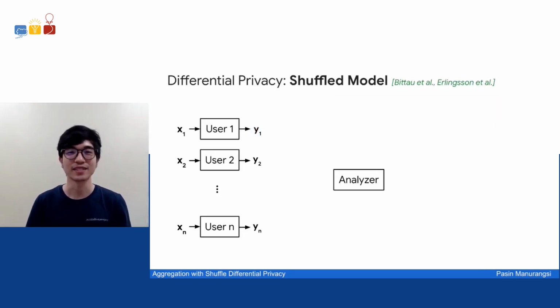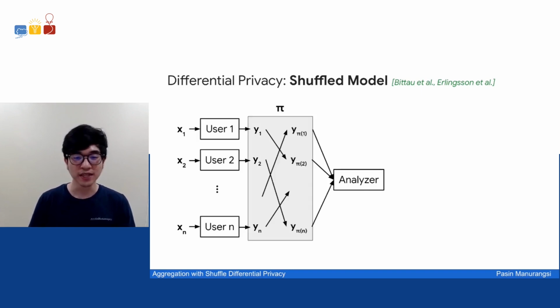One such model is the so-called shuffle model, and the setting is similar to before, except that the messages of the user are now not directly sent to the analyzer. Instead, they are sent through the so-called shuffler, who randomly permutes these messages. These permuted messages are then sent to the analyzer.